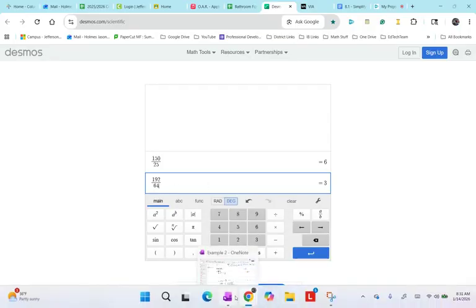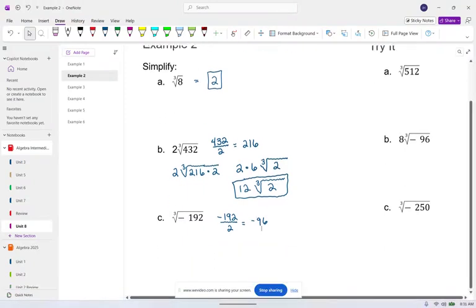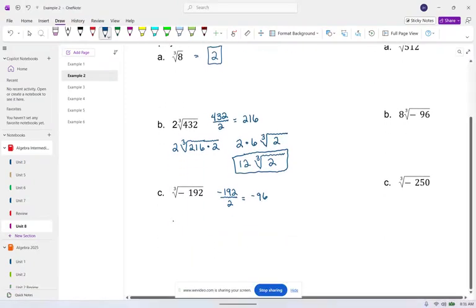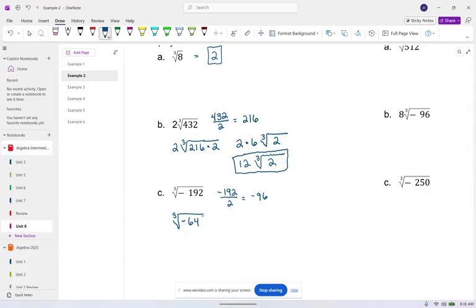In fact, it's 64 times 3. So we're going to come back over here. We're going to rewrite this as the cube root of, and we're going to make the 64, which is our perfect cube, negative, and we have 64 times 3. So negative 64 times 3.